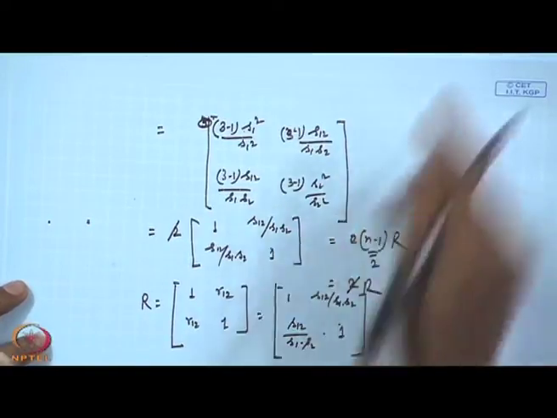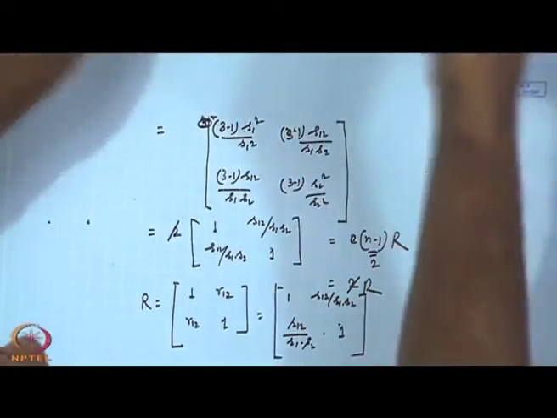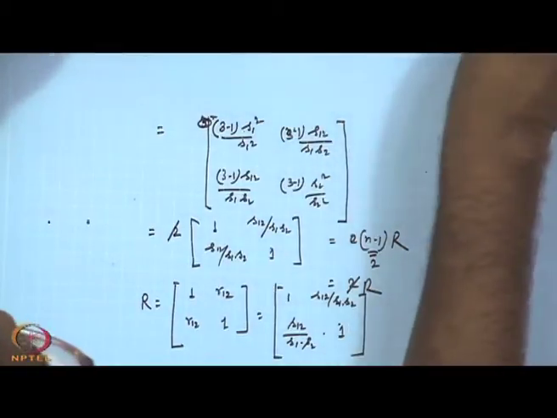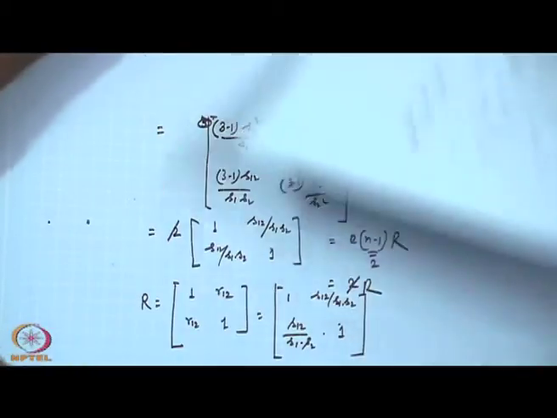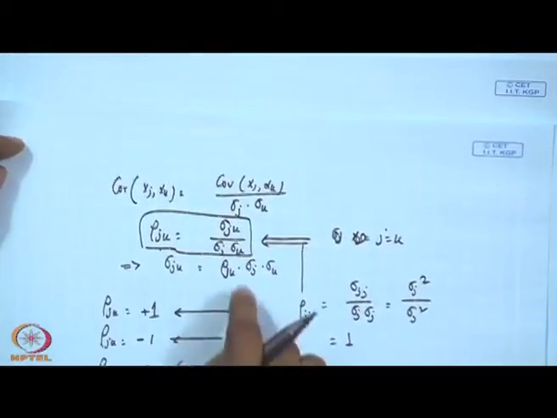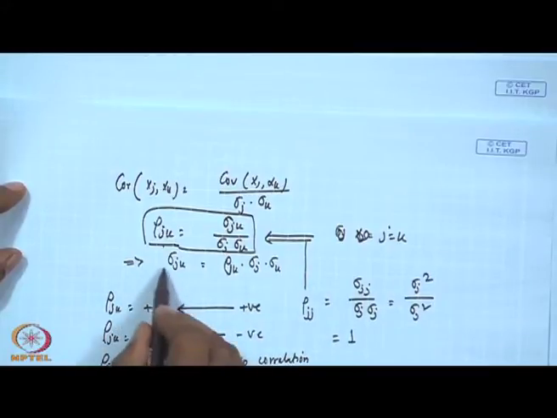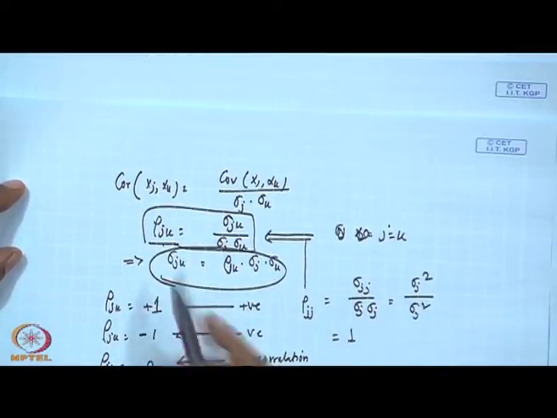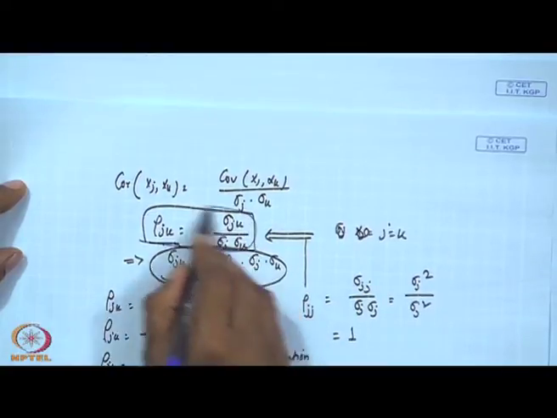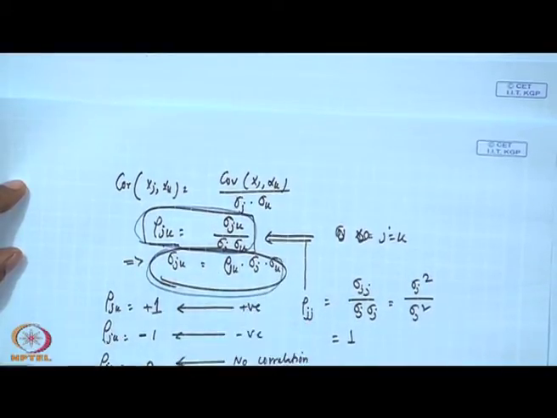Correct. And we have seen earlier the relationship between correlation and covariance. In the population domain, I have said this one, as well as this.